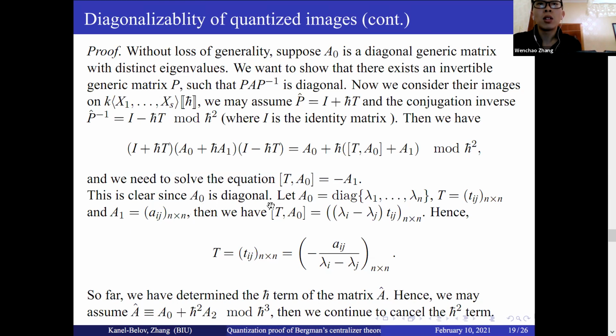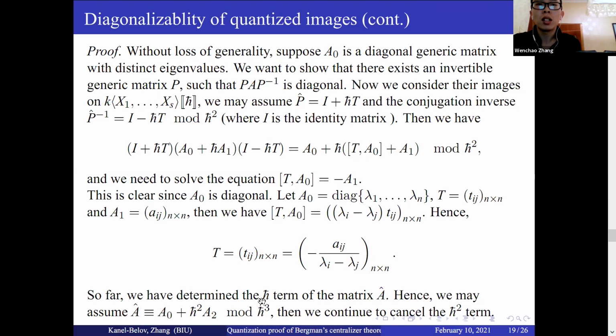Since A0 is diagonal, we can write it in diagonal form, lambda 1 to lambda n, and T is T_ij, and A1 is A_ij, and hence this T can be calculated in this form. If we choose T in this form, since the eigenvalues are pairwise different, we don't need to worry about this.